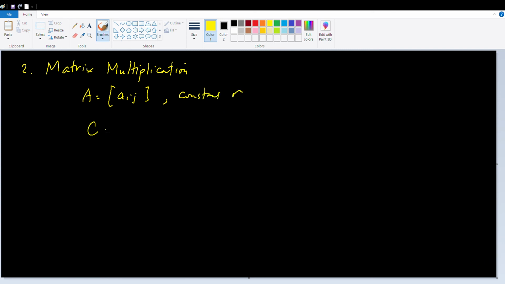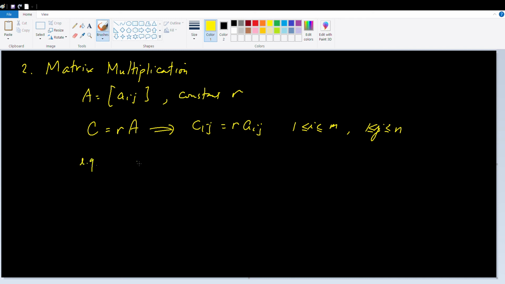If matrix C is equal to r multiple of A, that means that Cij is equal to r times Aij. In other words, each element of matrix A is multiplied by the constant r.